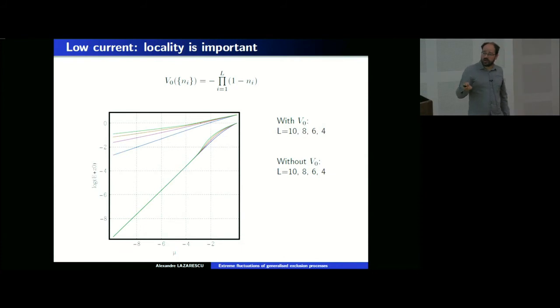So here I have plots of the logarithm of the first correction of the largest eigenvalue with respect to mu. The curves at the bottom are without that non-local potential, and as you see, they collapse independently of the size of the system very, very quickly in mu. And up there, I just add that potential, and well, the dependence on the size is restored, and I can't say anything.